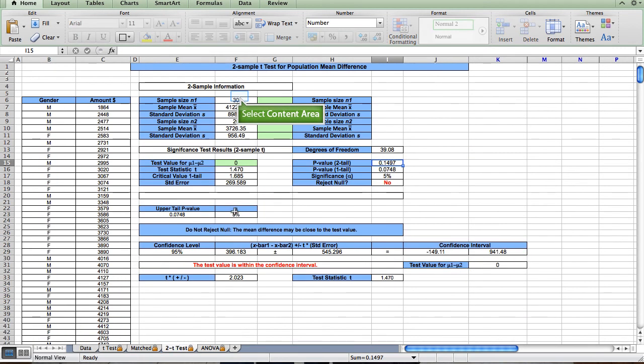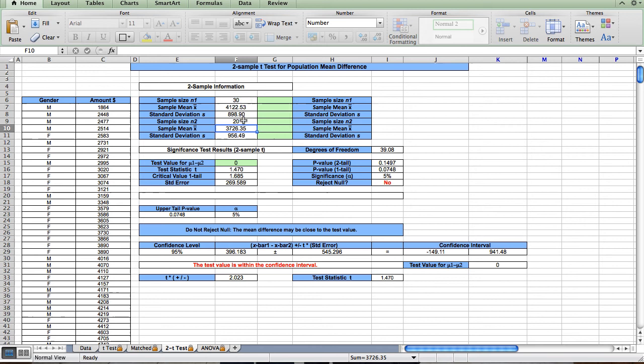And those results look like this. There were 30 women who spent on average $4,122.53, and 20 men who spent on average $3,726.35.